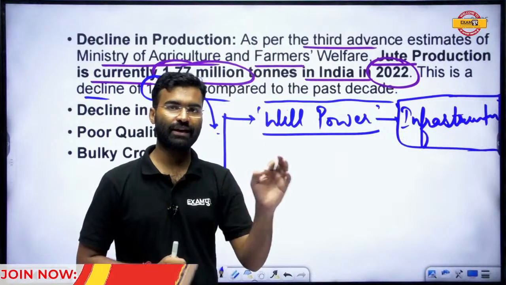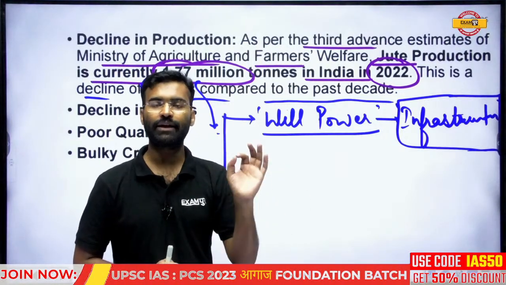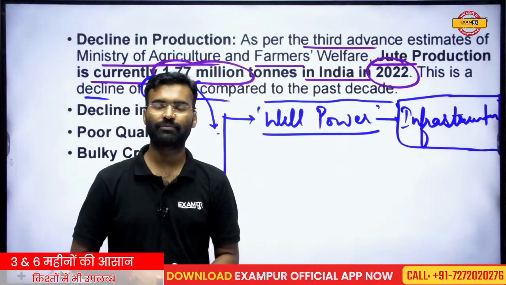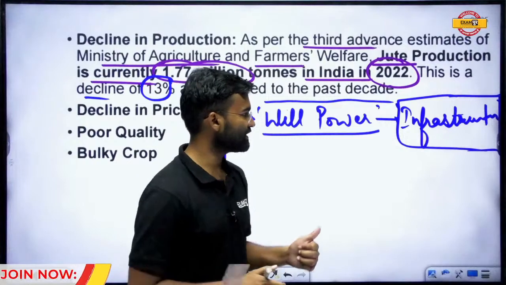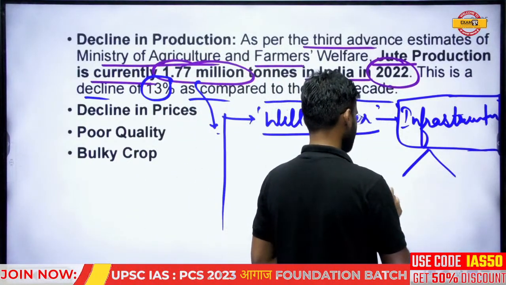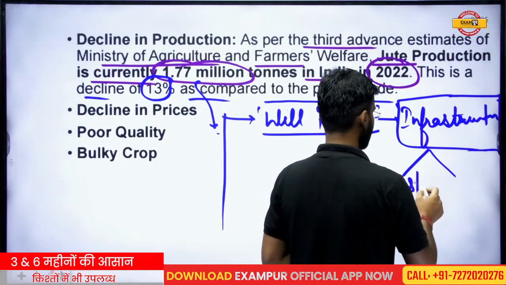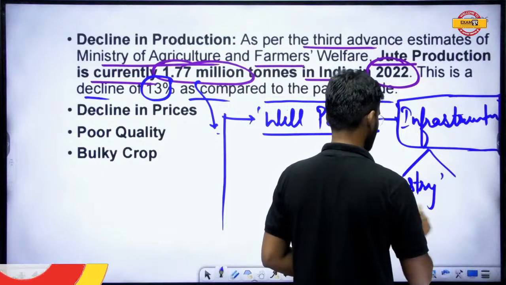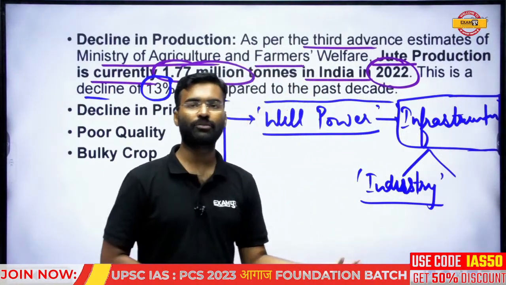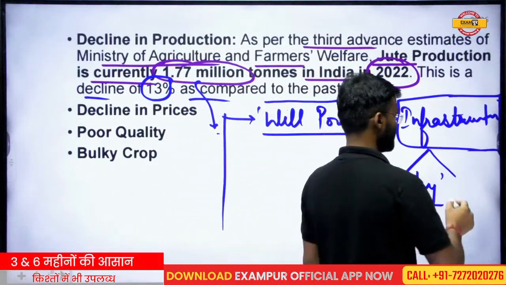If infrastructure is lacking, then the farmers have no zeal in the production of any such material. In infrastructure you require the industry, because this is a fiber crop, and this fiber crop needs to be processed and converted into products. And the second thing, you don't have the market.